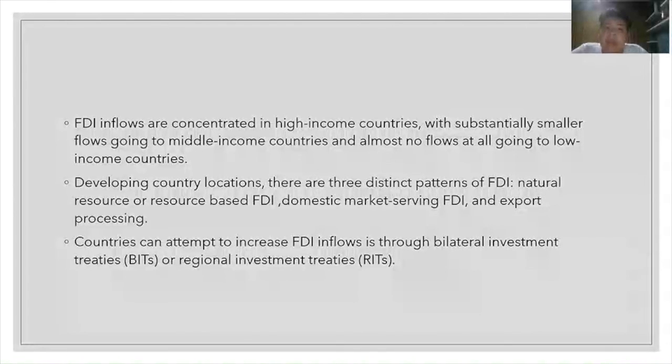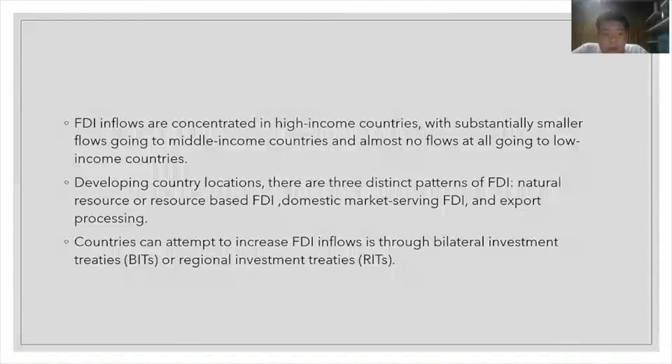Countries can attempt to increase FDI inflows through bilateral investment or regional investment treaties. Sometimes these are jointly known as investment agreements and defined by the United Nations Conference on Trade and Development as an agreement between two countries for the reciprocal encouragement, promotion, and protection of investment in each other's territories by companies based in either country.